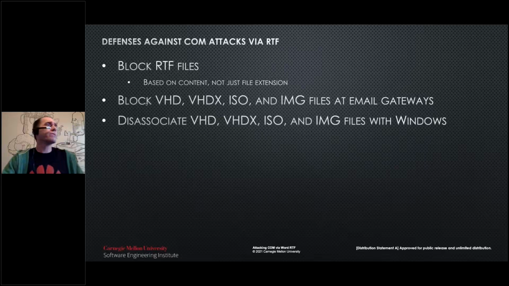The other thing you can do, rather than just focusing on the email attack vector, is change file associations in Windows. I can say, well, none of my employees ever have the need to double click on a VHD, so I'm just going to associate that with nothing. So if I double click on a VHD or an ISO, nothing happens.